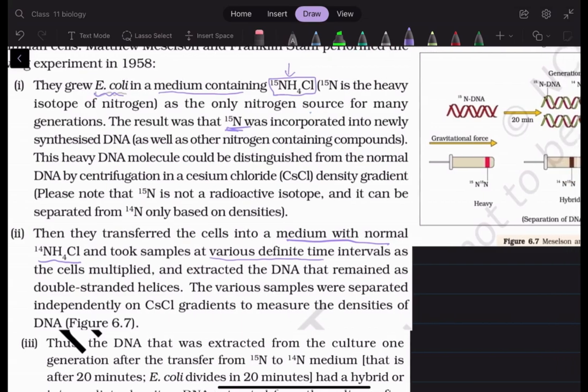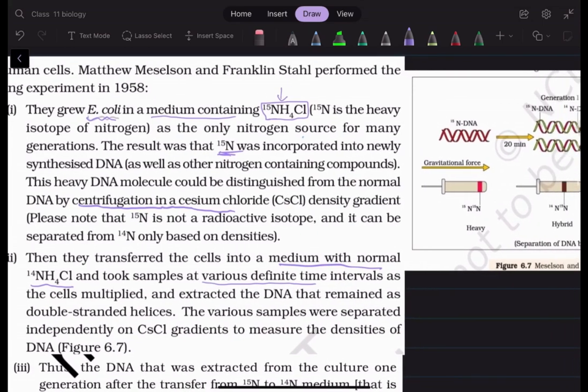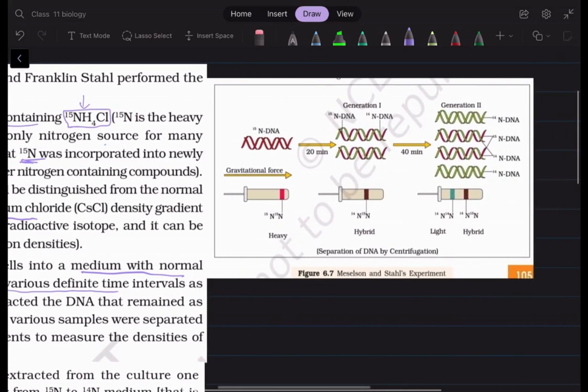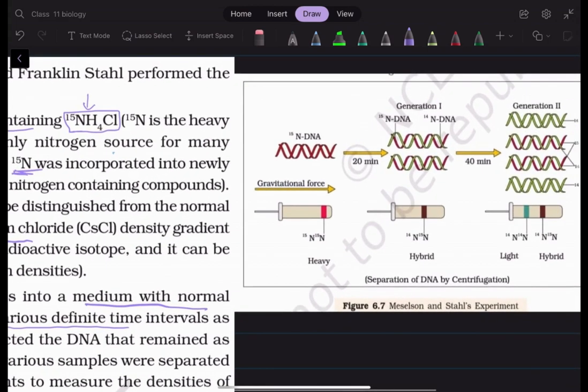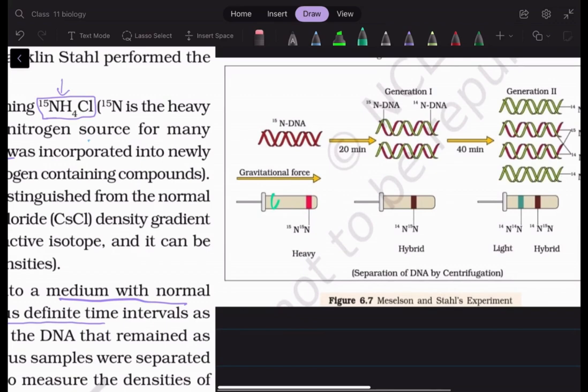They took these DNA samples and performed centrifugation in a cesium chloride density gradient. We know that in centrifugation, the heavy stuff and the light stuff align themselves in a particular order, right? Wherever there's more gravitational force, the heavy stuff gets aligned. Whenever there's less gravitational force, the light stuff gets aligned.